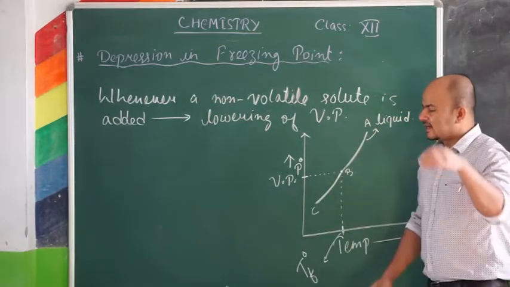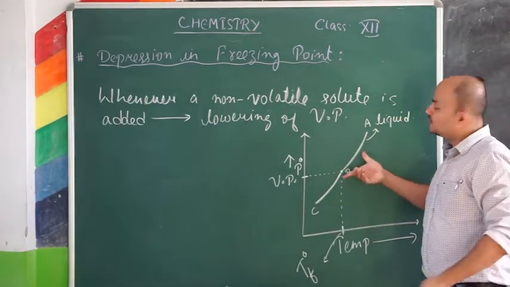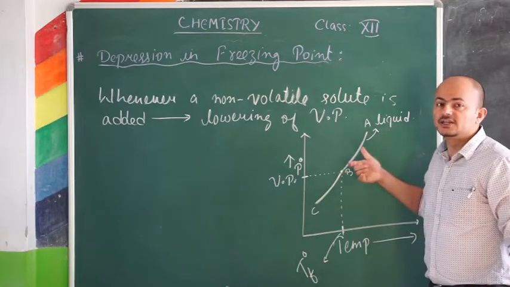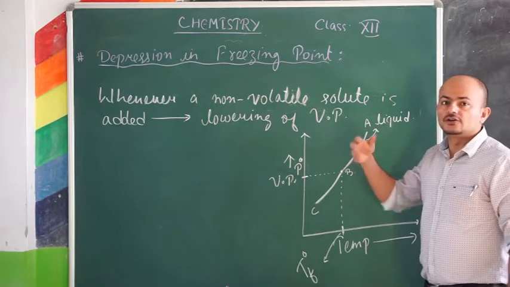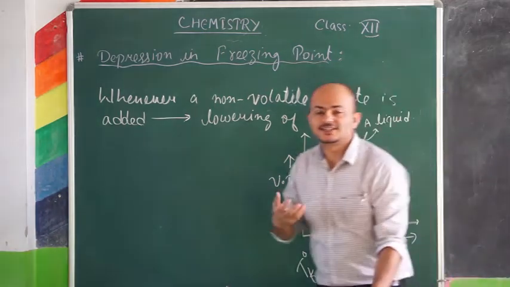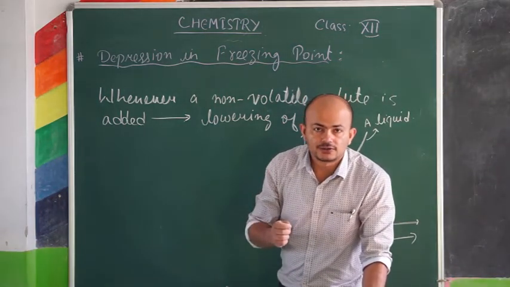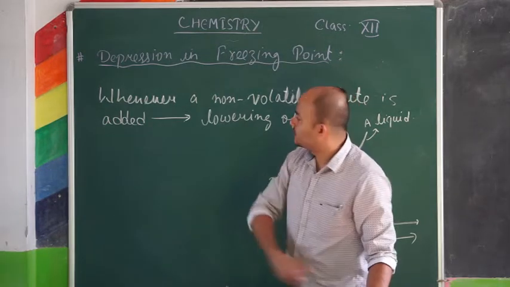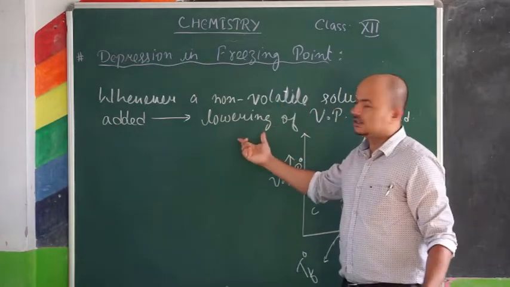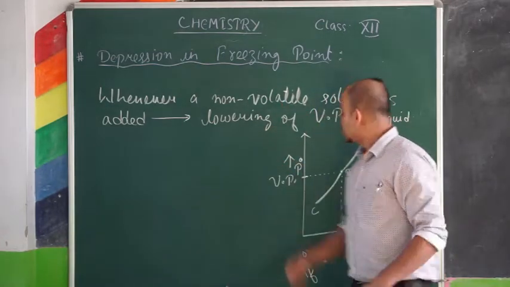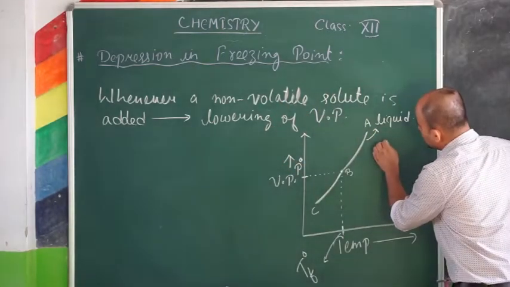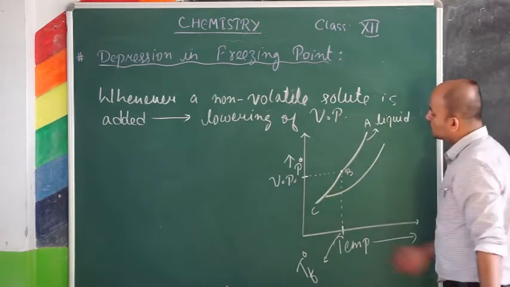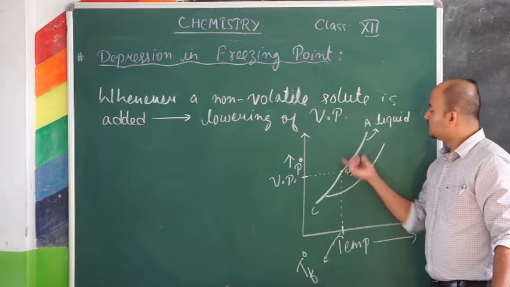Now this is for the pure solvent. Whenever we consider the solution which contains a non-volatile solute, then from our previous discussions, as well as whatever I have written over here, it is sure that its vapor pressure curve will be lower than that of the pure solvent.